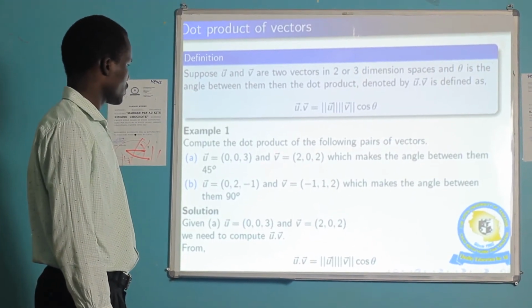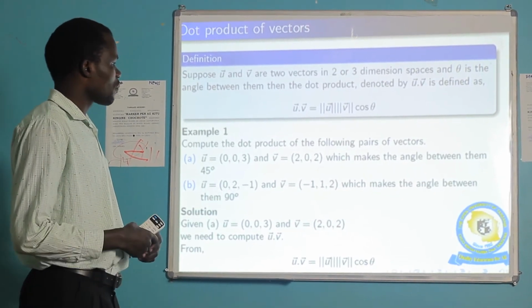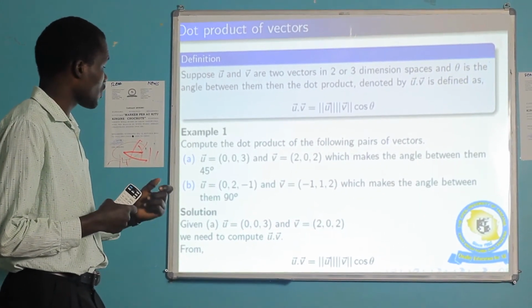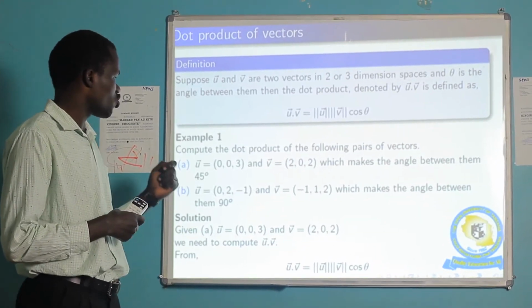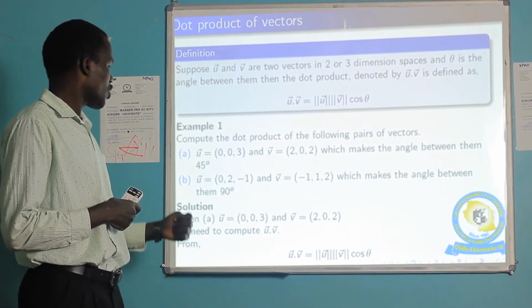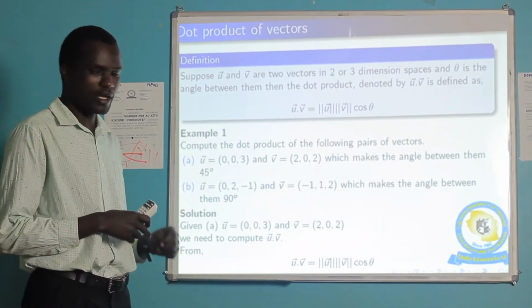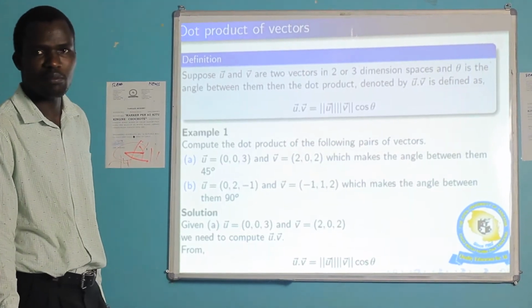So, we have an example here. We need to compute the dot product between vectors u and v, which make an angle of 45 degrees between them. Okay, students, let's go to an example.